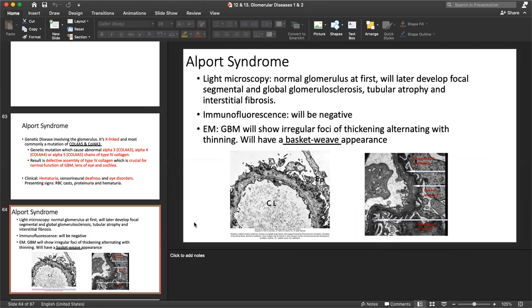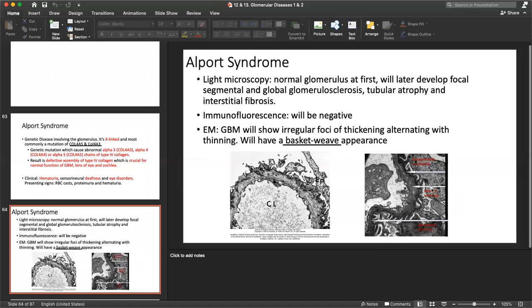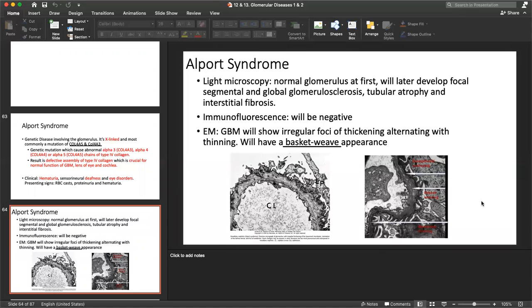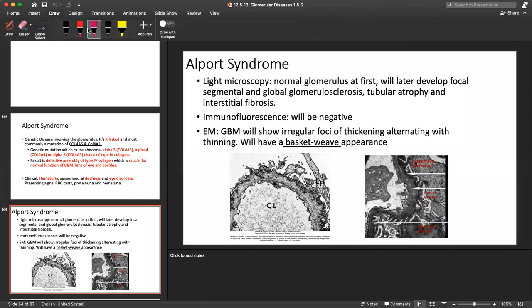And then I just think of somebody like can't see, can't pee, can't hear a B while I basket weave. Like that basket weave appearance. So it's kind of hard to see, I think, but if we look at this, so it's got that.